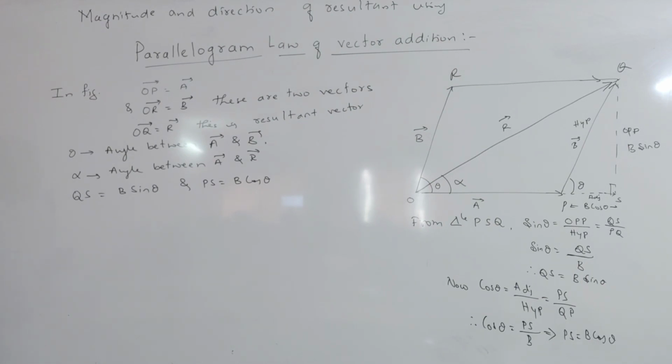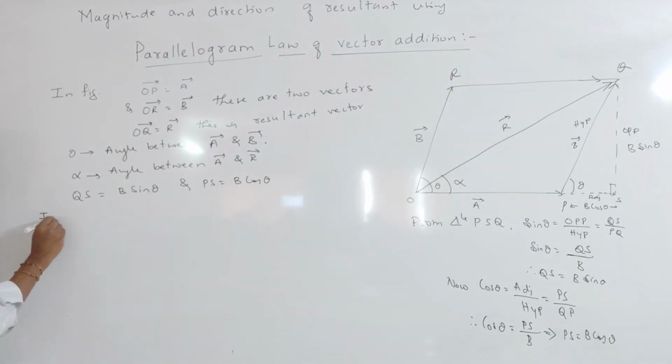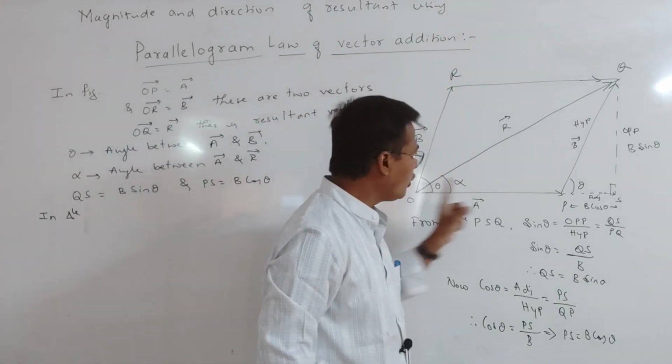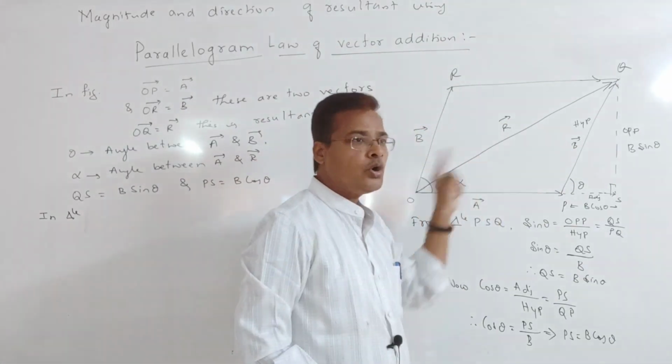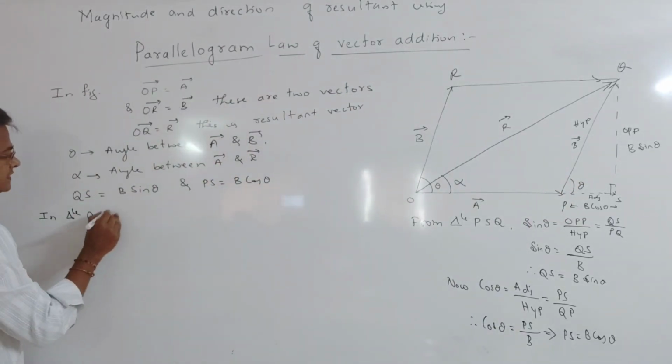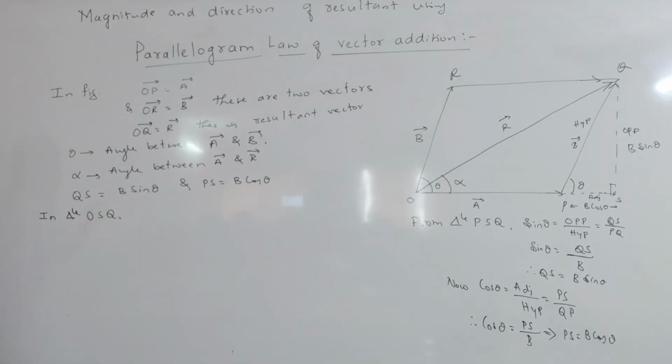So now we are using the parallelogram law of vector addition. Here we are using the Pythagoras theorem on a triangle. So in triangle OSQ, one triangle we are taking it, that is also a right angle triangle.